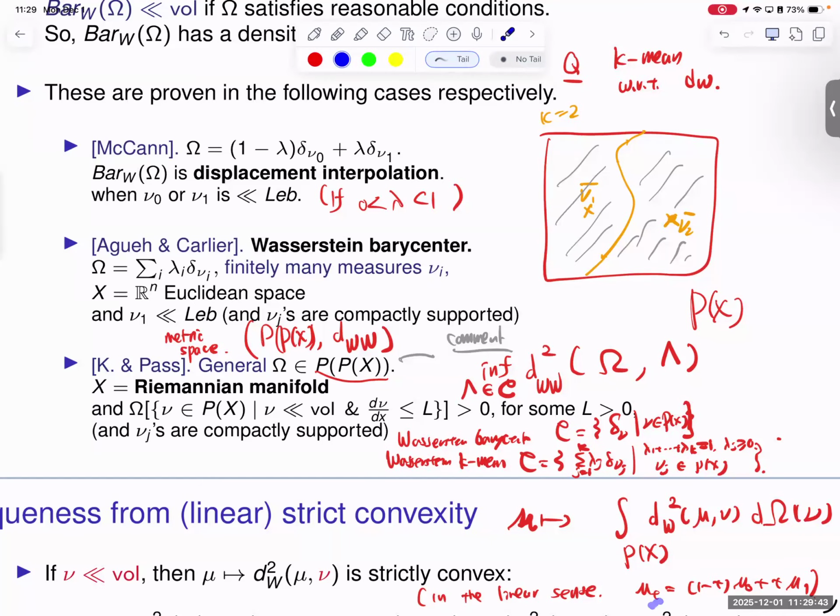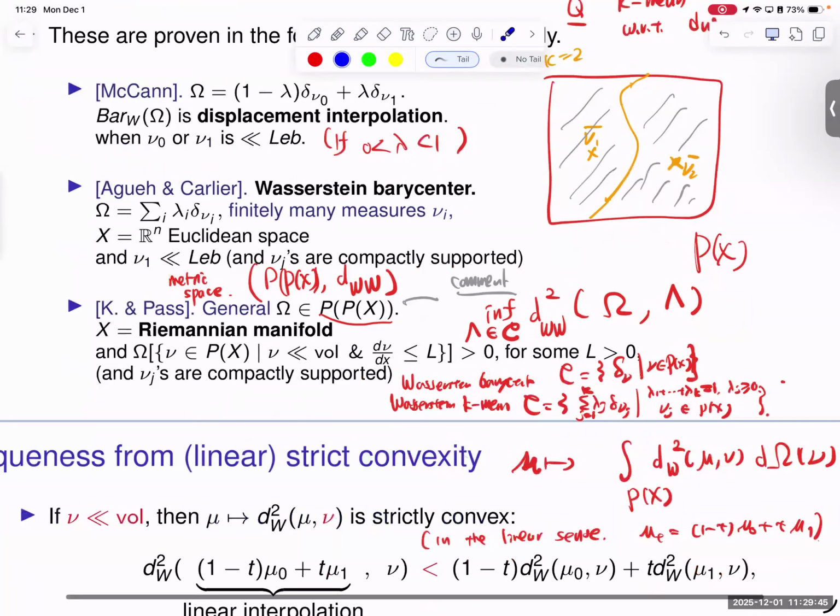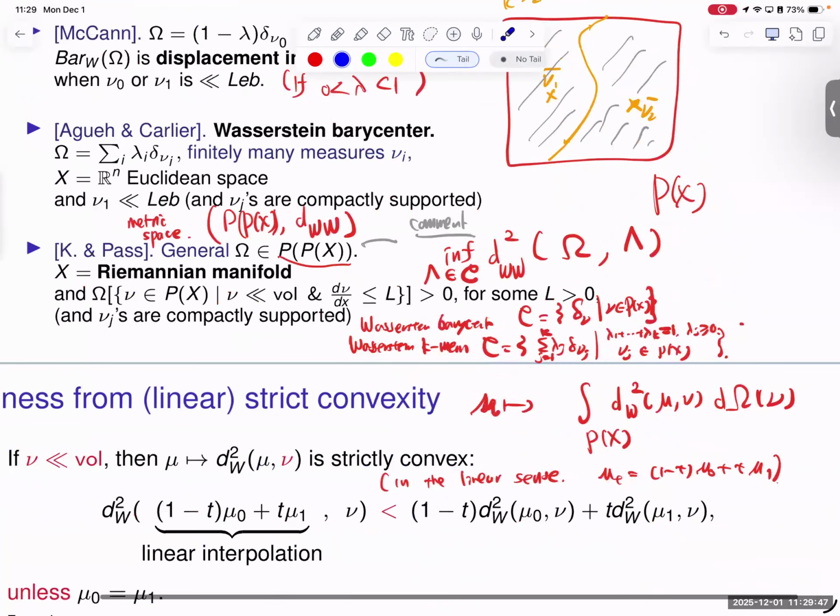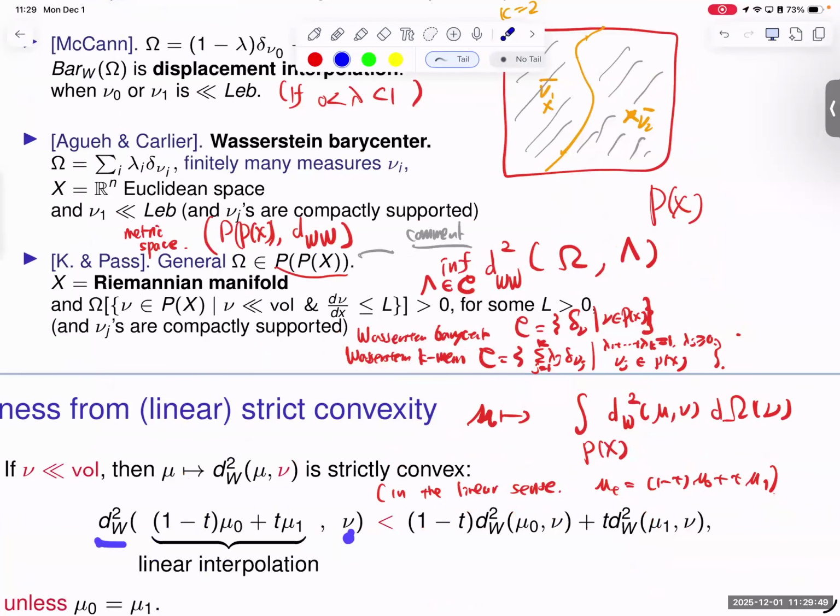So basically the statement is this. This is our function, and this is the linear interpolation. Convexity is that the function at this linear combination is less than or equal to 1 minus t times the function at one end plus t times the function at the other end. That's what convexity is.